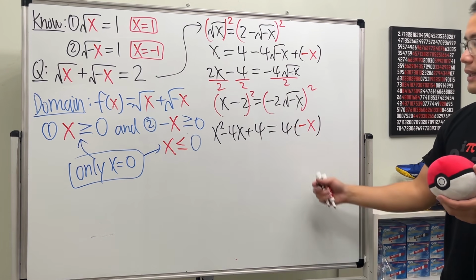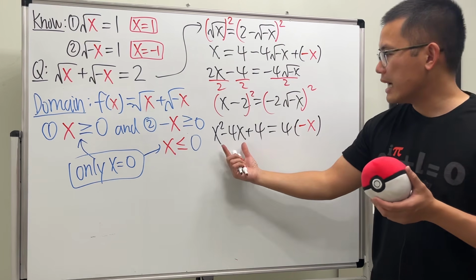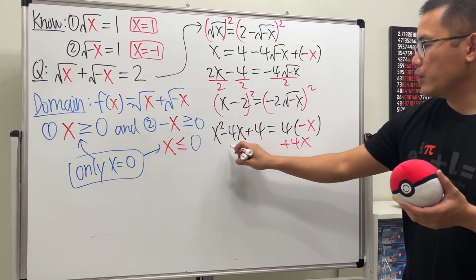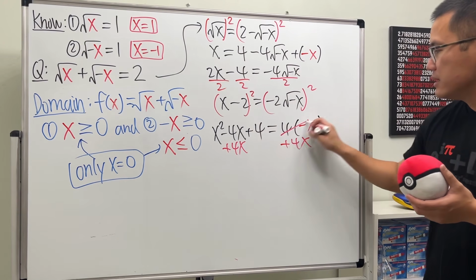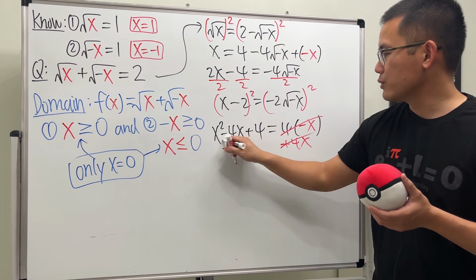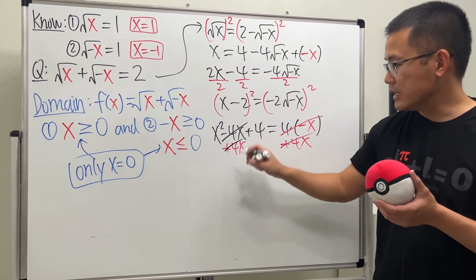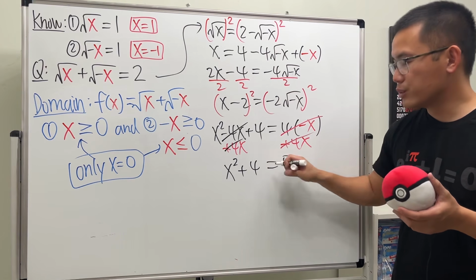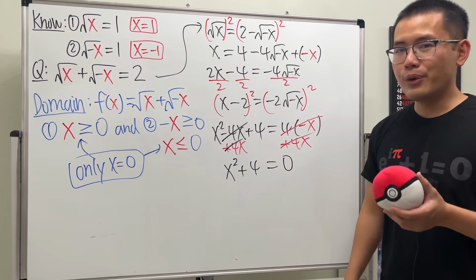Alright? And now we are going to move this to the other side, and to do so, we are going to add 4x. But you will see this and that cancel, and this and that also cancel. I will cancel them in black. And then we see x squared plus 4 equals 0. This is pretty cool.